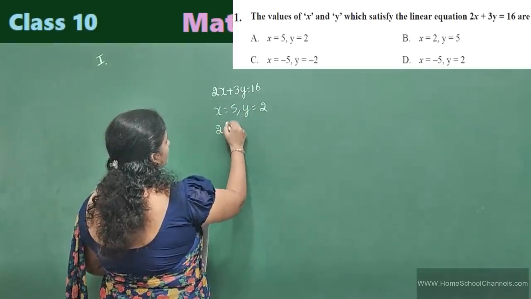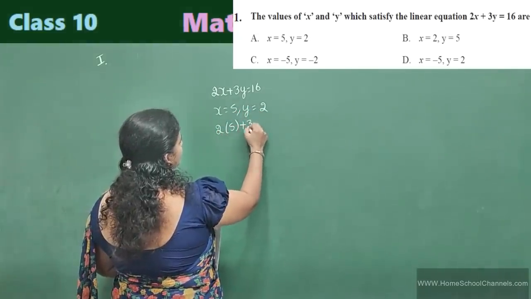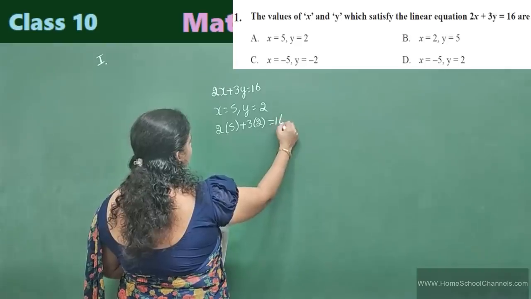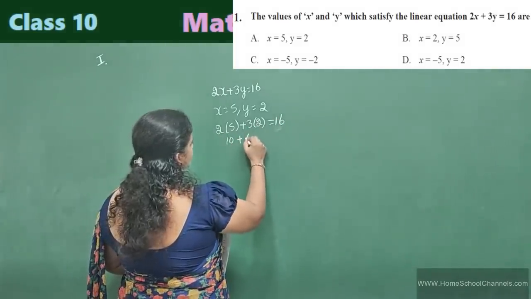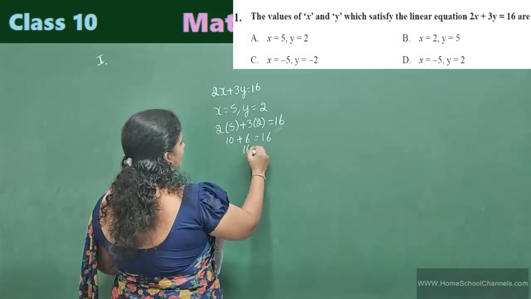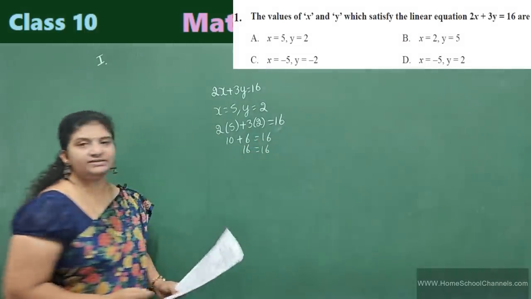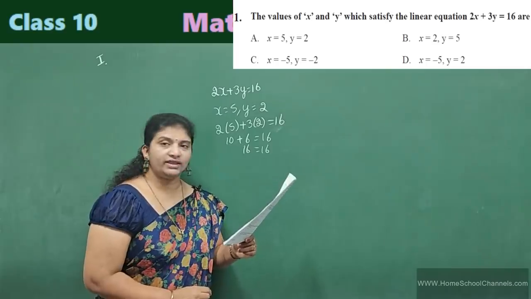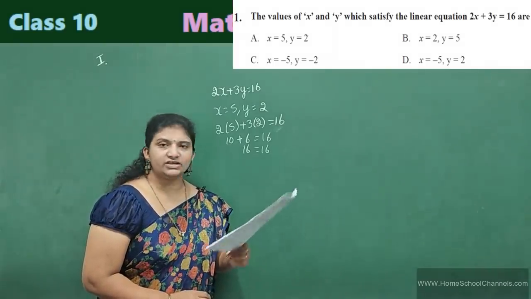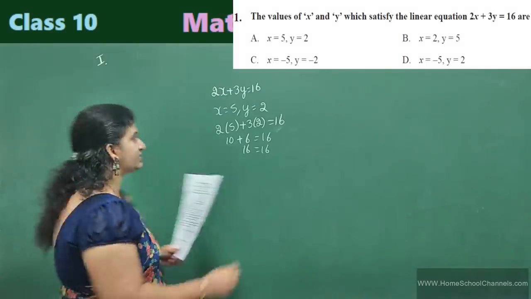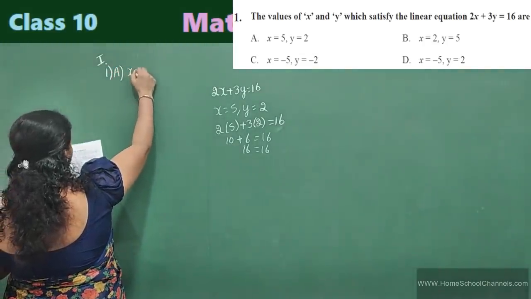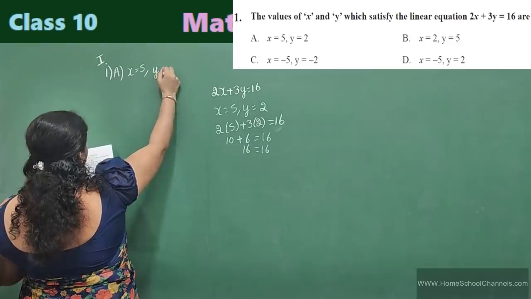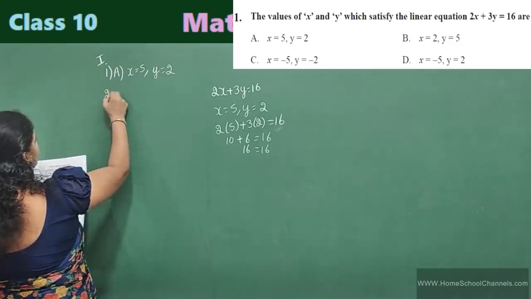Substitute. 2 into 5 plus 3 into 2 is equal to 16 or not, we need to check. 2 5s are 10, 3 2s are 6, 10 plus 6 will be 16. Yes, it satisfies. Therefore, x is equal to 5 and y is equal to 2. That is your option A.